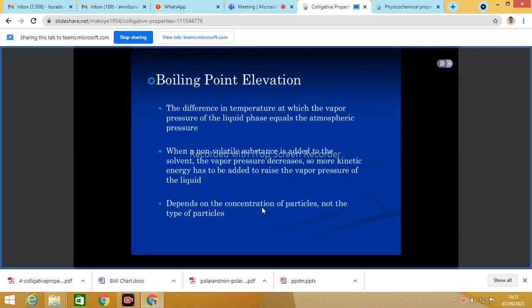Even we are also under this atmospheric pressure.